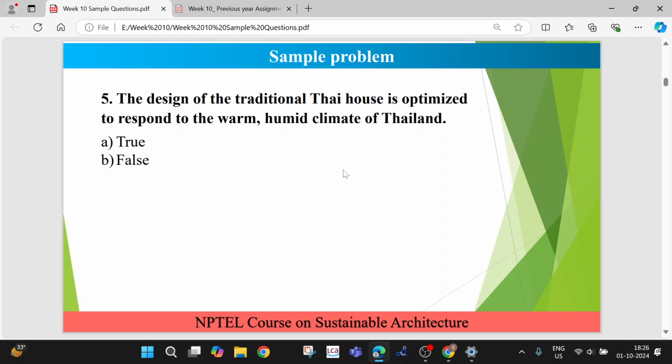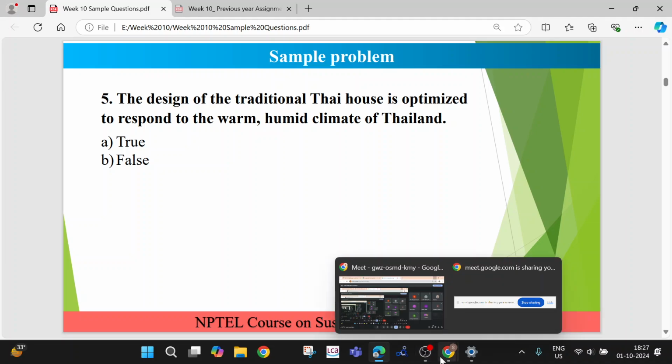These traditional Thai houses, are they well optimized, or designed in order to respond to the warm and humid climate of Thailand? So consideration of the climate condition in the architecture or in the construction of the traditional houses, has it been done or not? That is the question. True, sir.